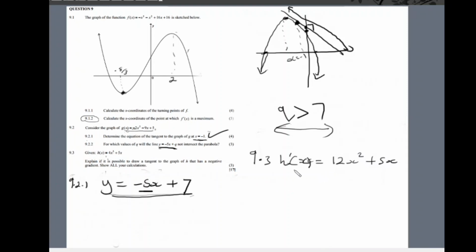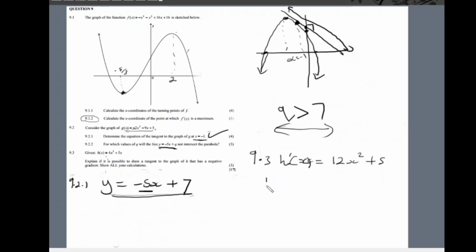So this is a function which we will use to calculate the gradient at specific points for this function, right? So now notice that 12x squared plus 5, not plus 5x. So that is 12x squared plus 5 will be our first derivative, right?